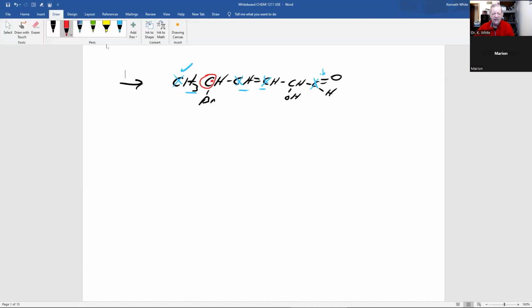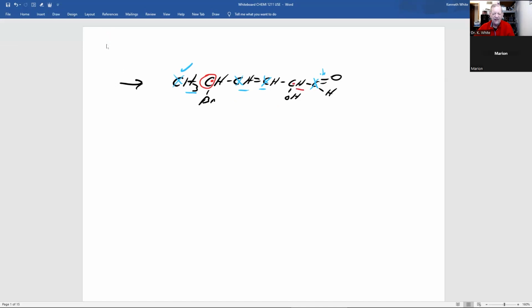And if I look at this carbon, it has a hydroxyl group right here, hydrogen, this whole thing I'll call R, and a carbonyl and a hydrogen, an aldehyde, I'll call that R prime. 1, 2, 3, 4. And that would be the other one I circle. And you should know how to do that.